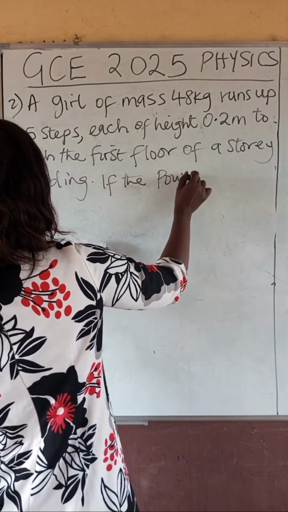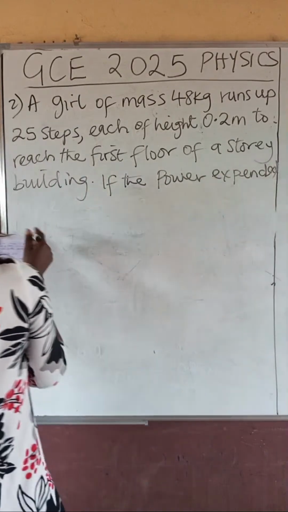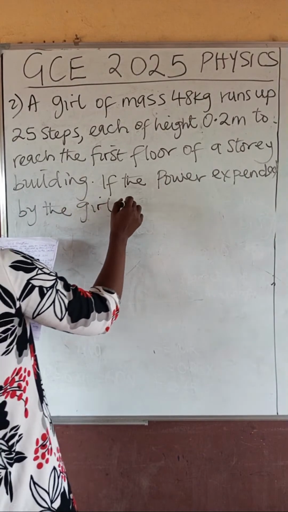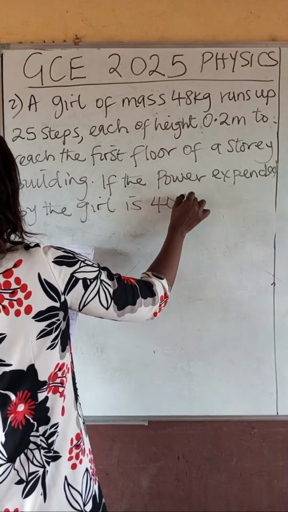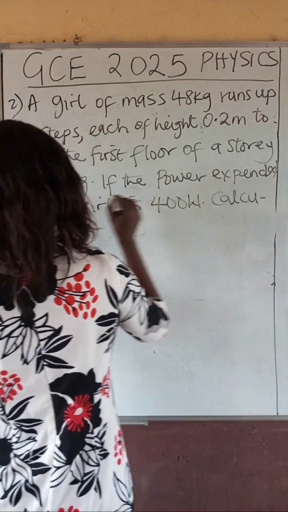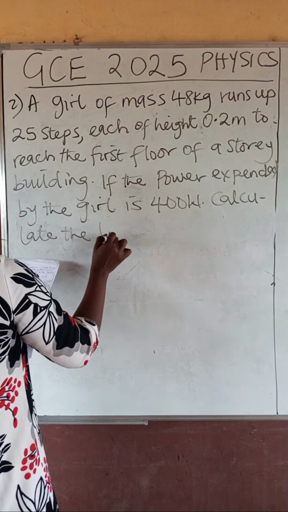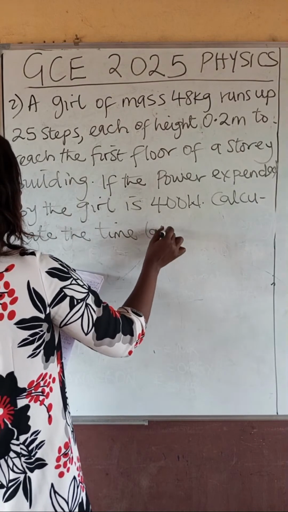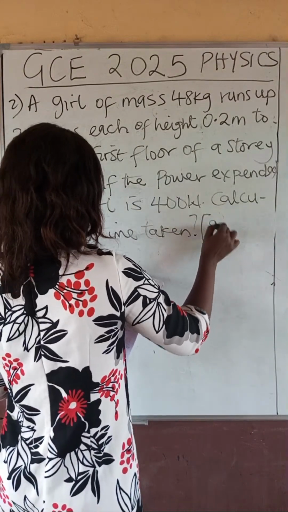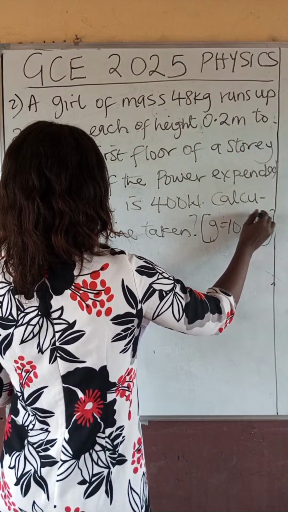If the power expended by the girl is 400 watts, calculate the time taken. And we are giving g to be 10 meters per second square.